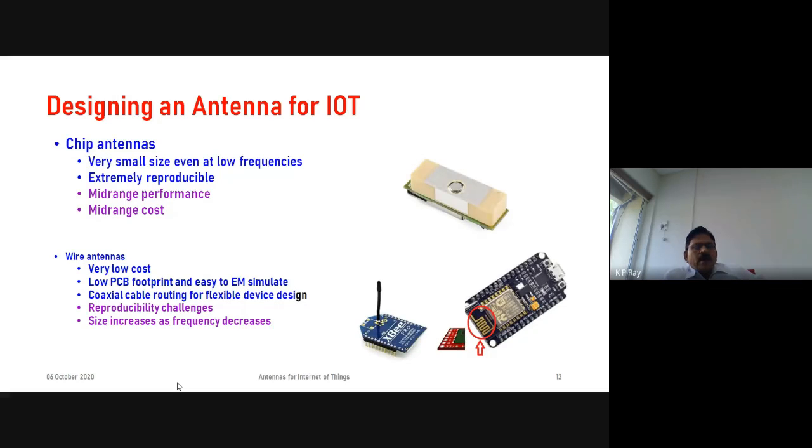Then you have a variety of wire antennas: dipole, monopole, loop antennas. All these are highly cost effective, because you use only the wire, so low PCB cost. For that also you have to design, and you can see here that a monopole has been meandered.